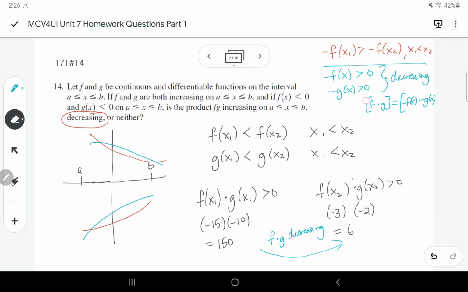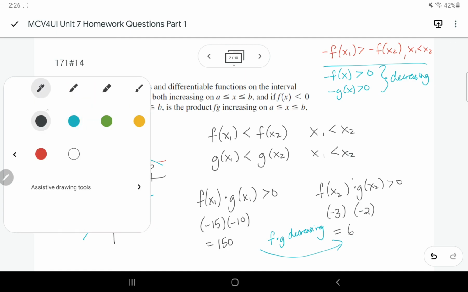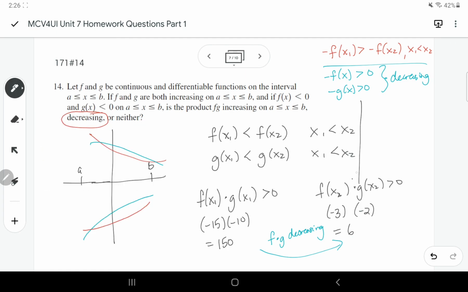I'm going to try and write this a little bit more clearly. We could also say f at x times g at x is the same thing as negative f at x times negative g at x. So now here we would have two positive decreasing functions.